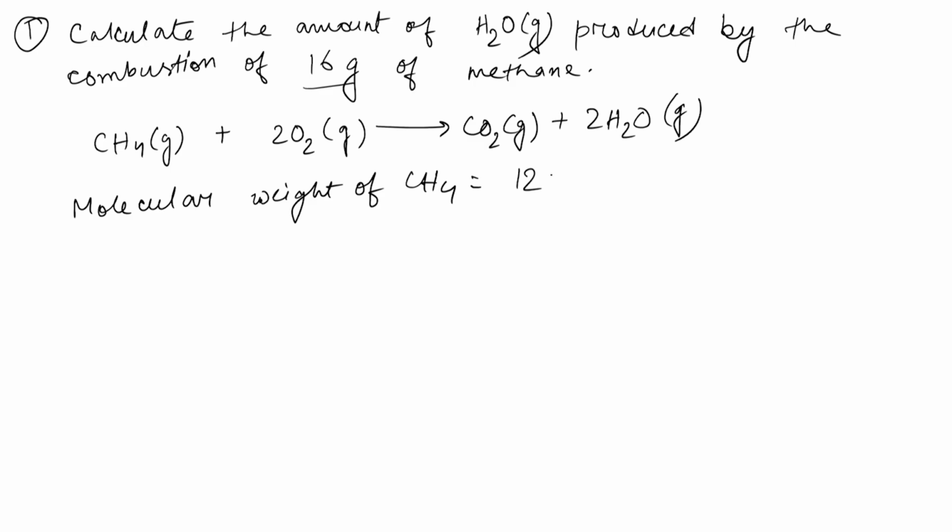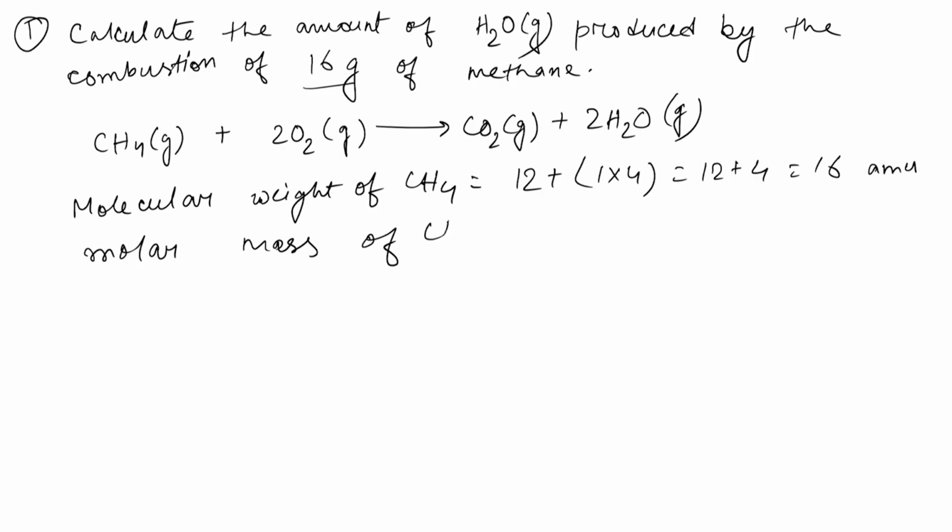This is equal to 12 plus 1 into 4, that is 16 AMU. Okay. So, the molar mass of methane is equal to 16 grams.